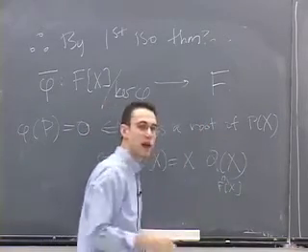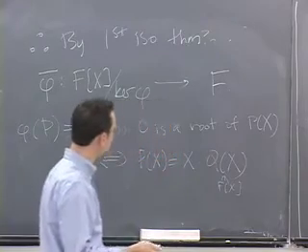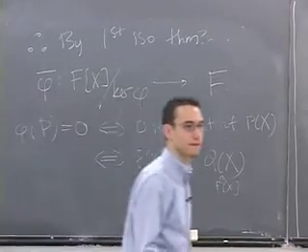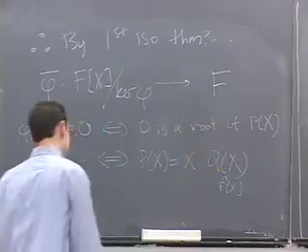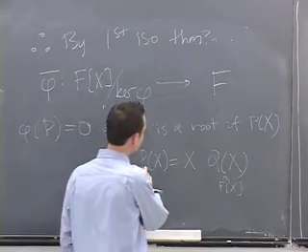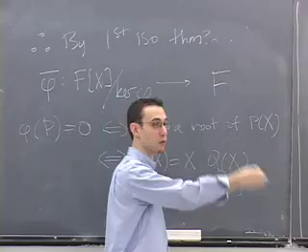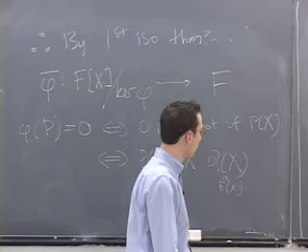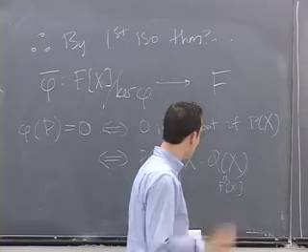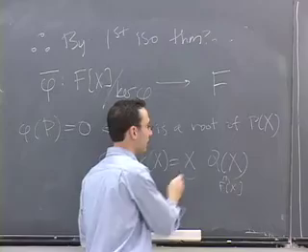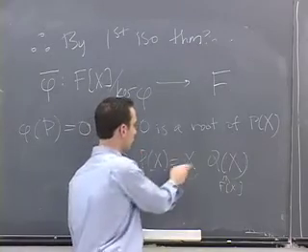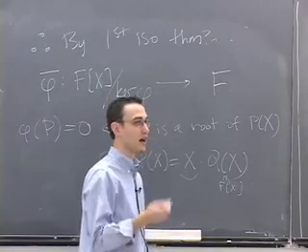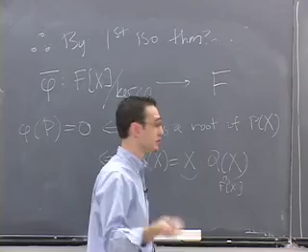Why is this? What's a way of showing the fact I just stated, that a root implies a divisibility like this? Yeah. Exactly. It follows immediately from the Euclidean algorithm, because I can write p equals x q plus some remainder. By evaluating all these things at 0, I get that the remainder must be 0 at 0. But the remainder, by the Euclidean algorithm, has degree less than the degree of what you're dividing by, so it must be constant. If a constant evaluated at 0 is 0, then it must be 0.